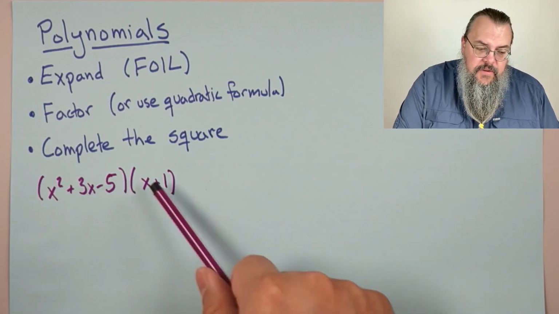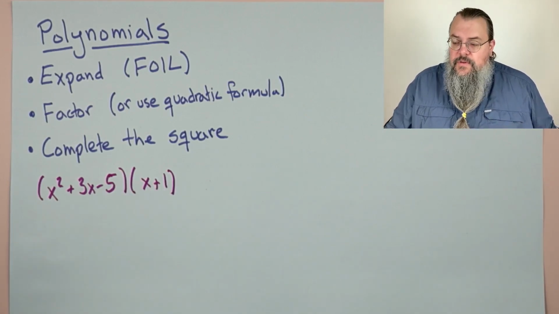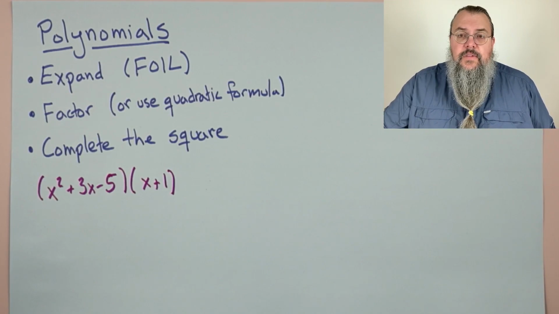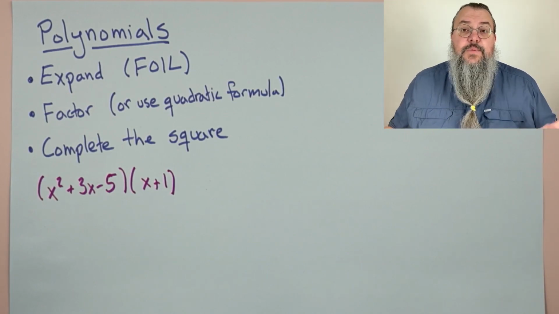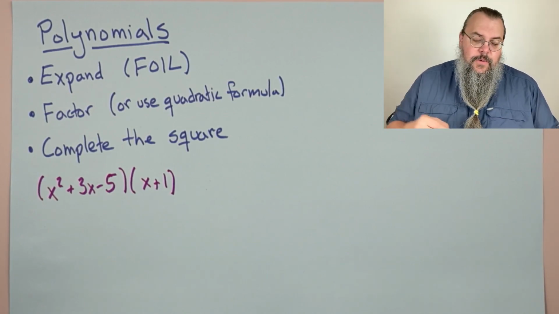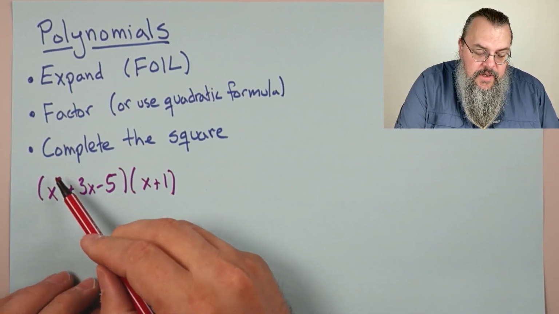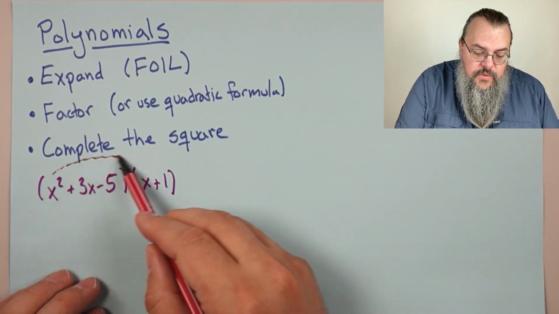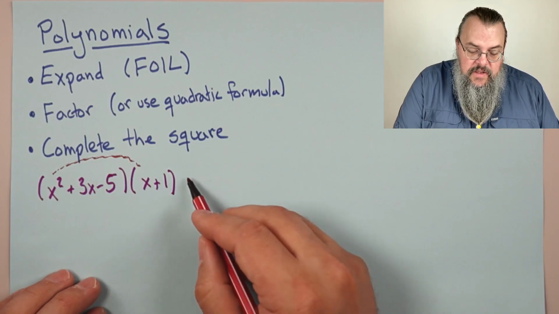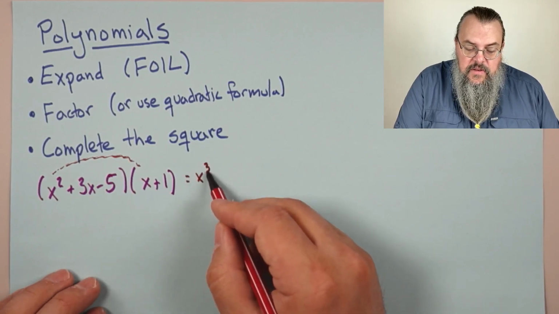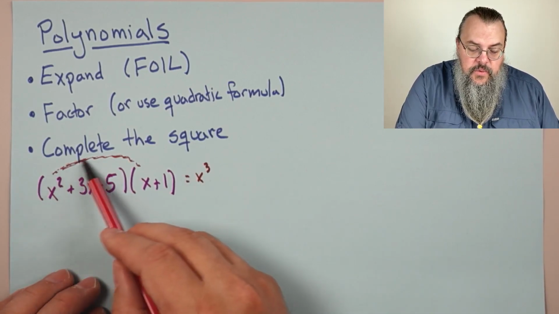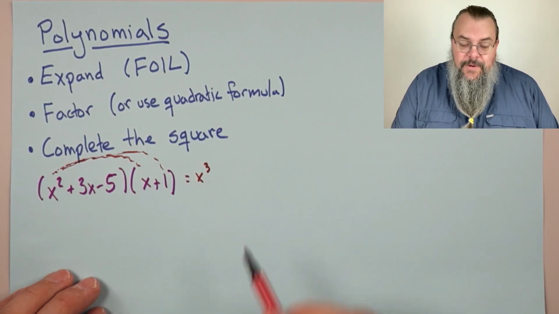So we have 2 pieces, and so what we're going to do is multiply and look at ways to combine each with each. And so what does that mean? Well, for instance, we're going to take the x squared, multiply by the x, and that's x cubed. X squared multiplies by 1.